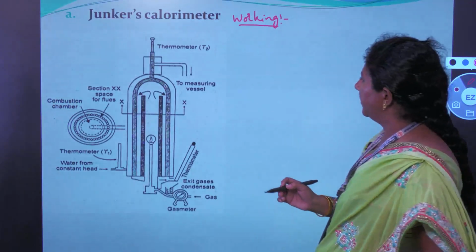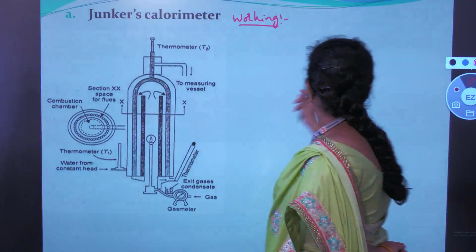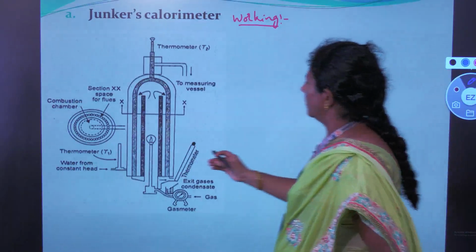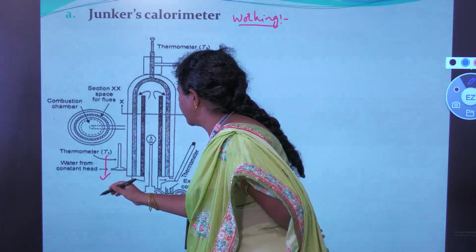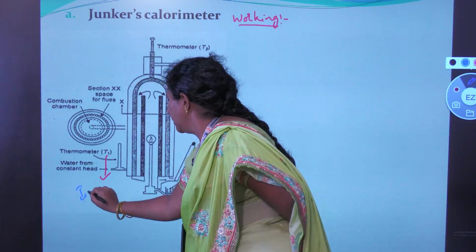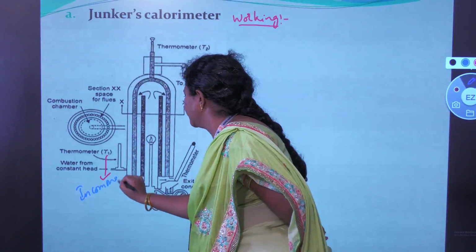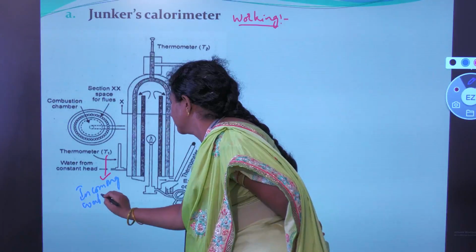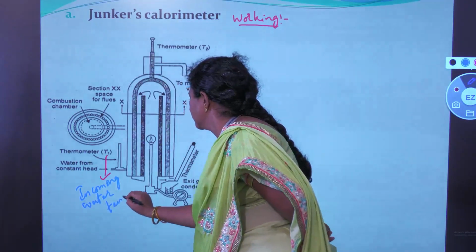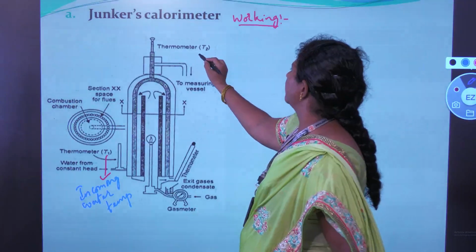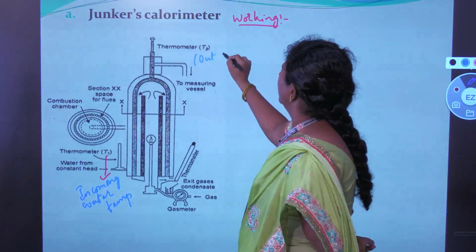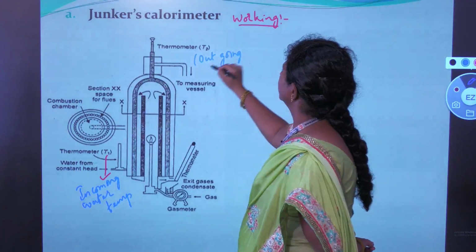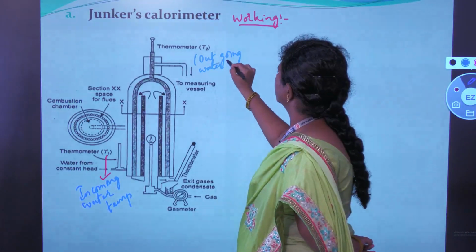Next, the temperature of the incoming water. So this T1 thermometer is set for measuring the incoming water temperature. And this T2 is meant for measuring the outgoing water temperature.